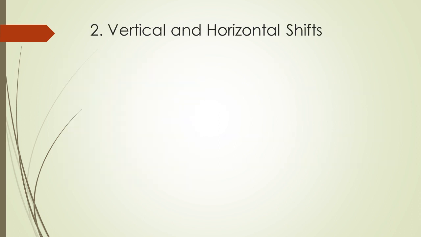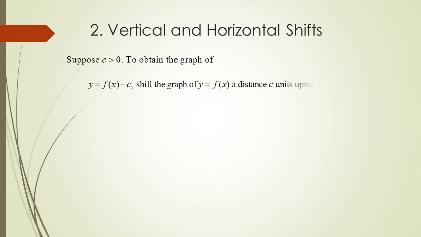Now let's check the vertical and horizontal shifting. Suppose c is a positive number. To obtain the graph of f(x) plus c, shift c units upward. Then f(x) minus c, shift the graph a distance c units downward, which gives that green color curve.